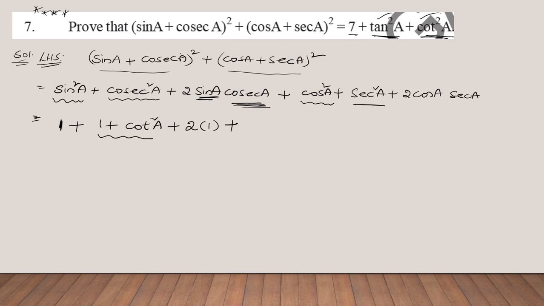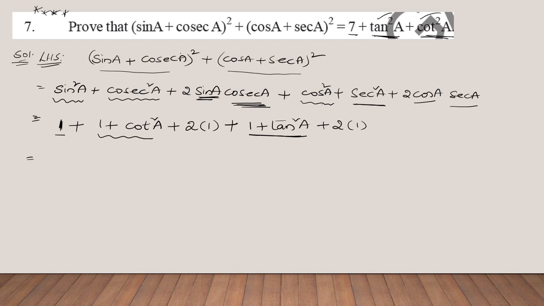Next, secant square A. Now secant and tan have an identity, right? So secant square A I can write as 1 plus tan square A, plus 2 into cos A into secant A, which is nothing but 1, because they are reciprocal to each other.